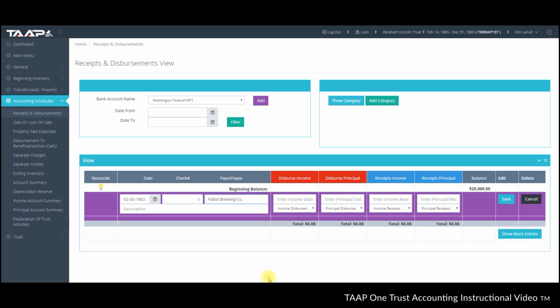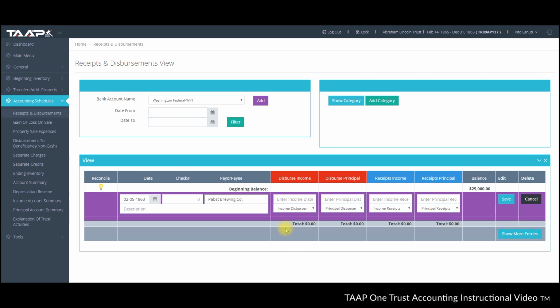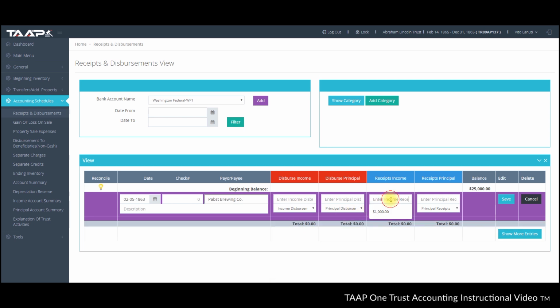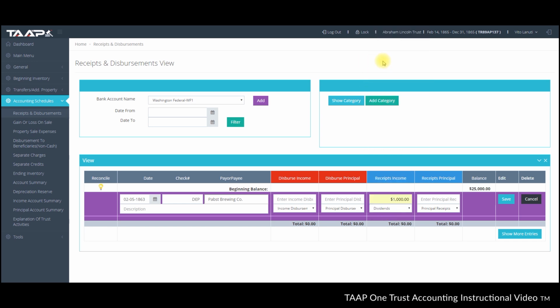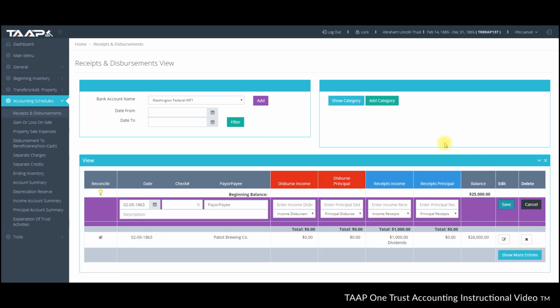If you didn't know, Pabst was started in 1844, so still going today, of $1,000, so that's big money in those days. Pabst Blue Ribbon is going to be all dividends, and we're going to go ahead and save that.